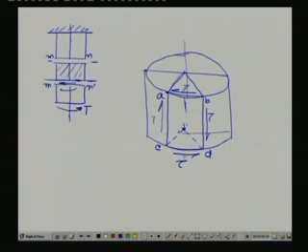Now, by virtue of this application of pure shear, because there are no other forces acting, we can imagine that if we keep this one fixed, then this particular face goes something like this. This face just shifts to this face with respect to this one.